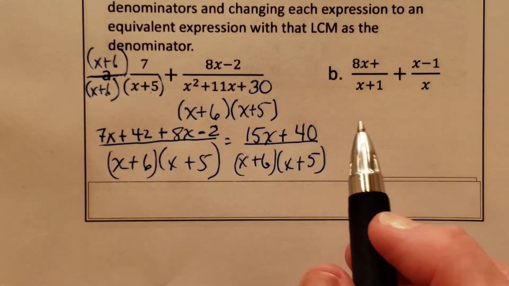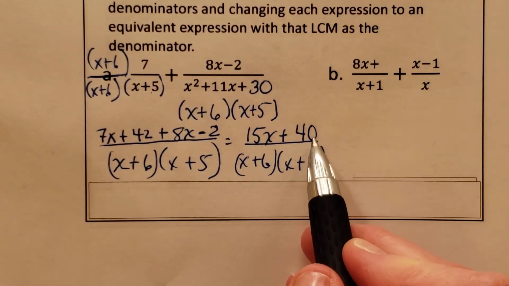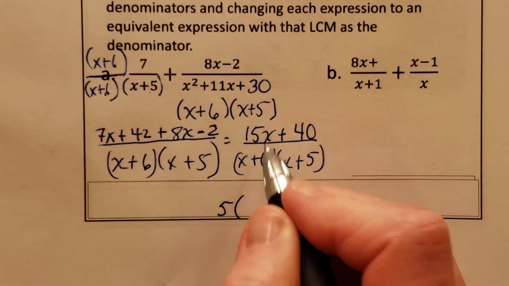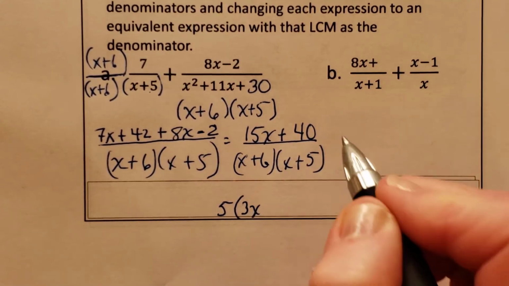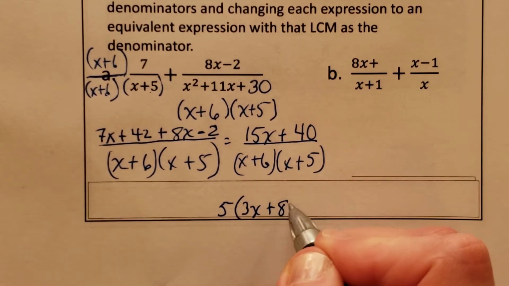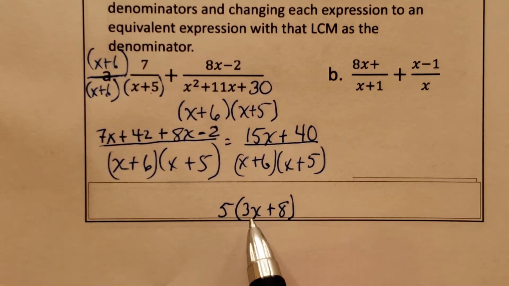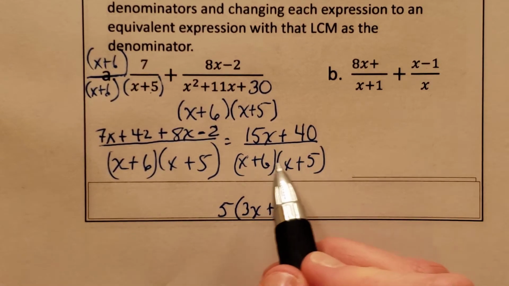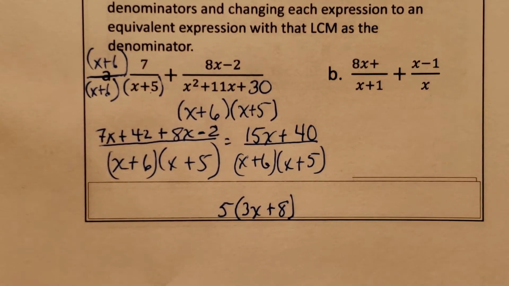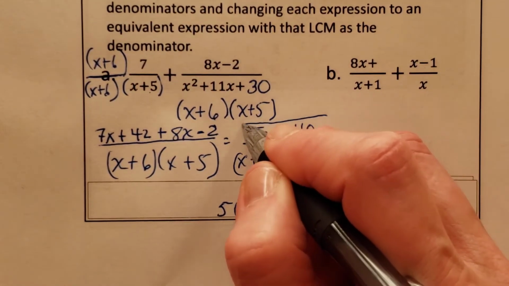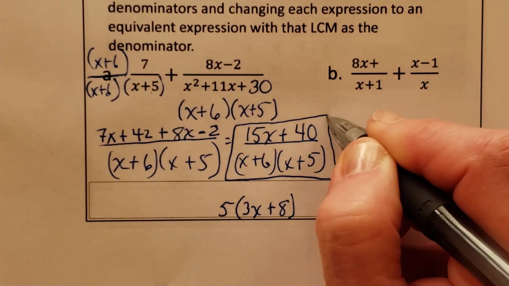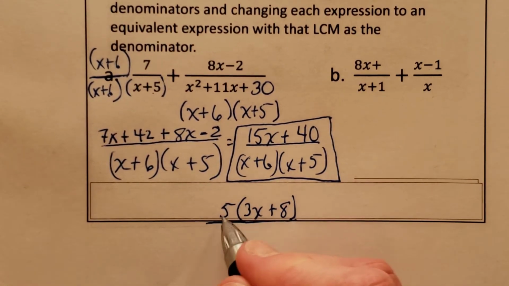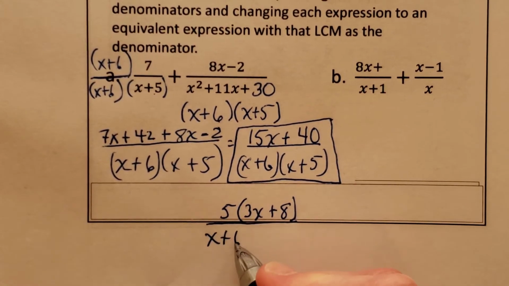I know I can divide 15 and 40 by 5. 15x divided by 5 is 3x, and 40 divided by 5 is 8. Now I'm trying to cancel. If I brought my denominator down, would 3x plus 8 match anything on the bottom? It does not. Since I can't make anything cancel, I can leave my answer like this, or if I wrote it like this, it's fine. These are equivalent.